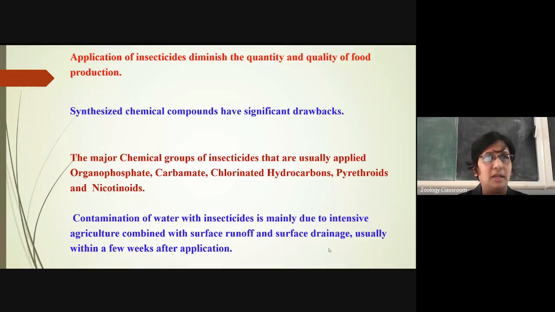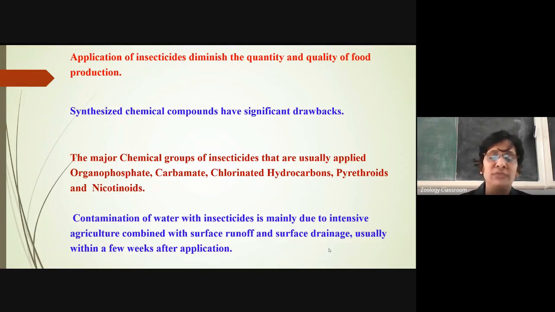And because of that contamination, ill effects are seen on the growth as well as survival as well as reproduction in aquatic animals. Okay, so different insecticides are present in many types of wastewater. And various studies have found them to be toxic to aquatic organisms, especially fish species.